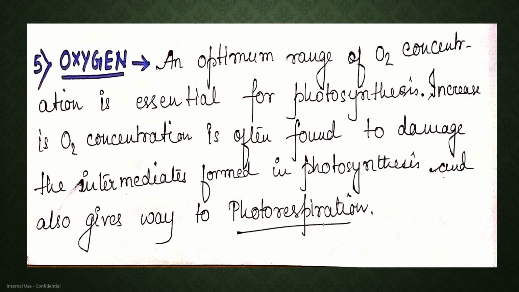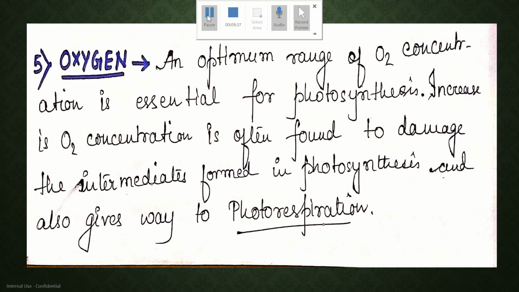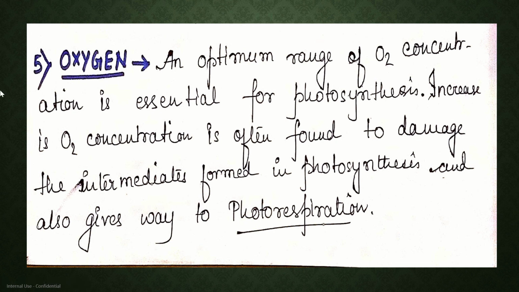Rubisco will thus behave as an oxygenase, and the C2 cycle will operate, which will lead to wastage of CO2 and ATP. Oxygen concentration should always be maintained at an optimum range in order to give way to proper photosynthesis.